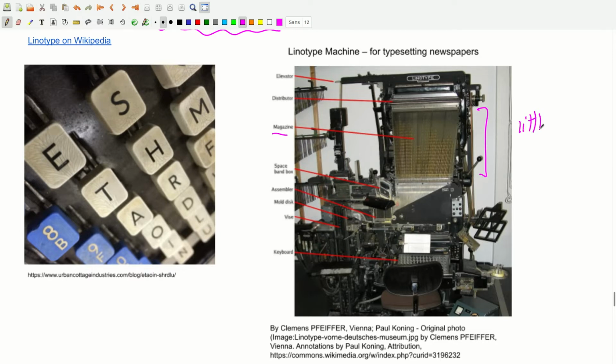little metal letters. Okay, and a user would type on a keyboard, and as they typed, the metal letter in question would slide down and go into the correct position. So the user would type, but instead of typing onto paper, as they typed, the letters would slide down and fall into the slot.